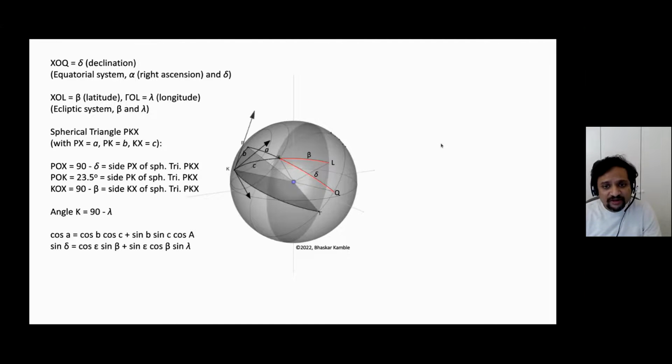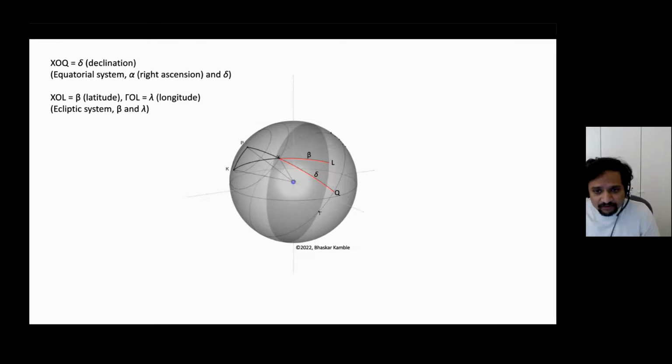Okay, so that means we can now begin expressing the sides of the spherical triangle in terms of beta and delta. How? Well, angle POQ is 90 degrees and angle XOQ is delta. So angle POX is 90 minus delta.